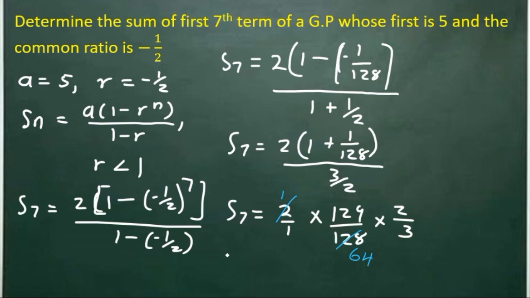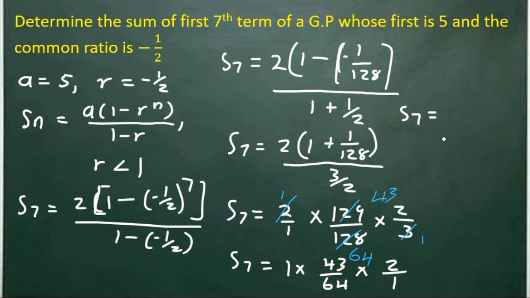So the sum of the 7 terms will be S7 equals 1 times, this can also go, 129 divided by 3 gives 43, so this will be 1 times 43 divided by 64 times 2 over 1. So S7 will be equal to 43 times 2, which gives us 86, divided by 64.